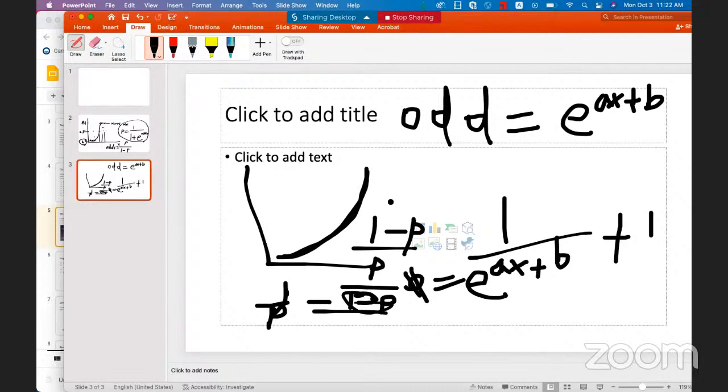You can do the ln, and then you get ln of 1 minus p and minus ln p equals ax plus b, I believe, and then you can also calculate that way.